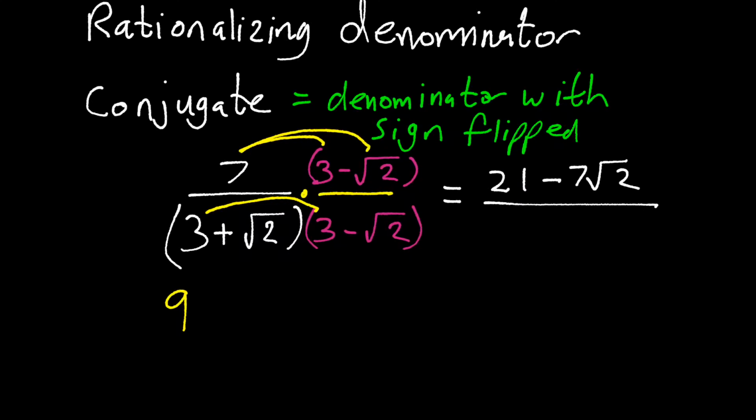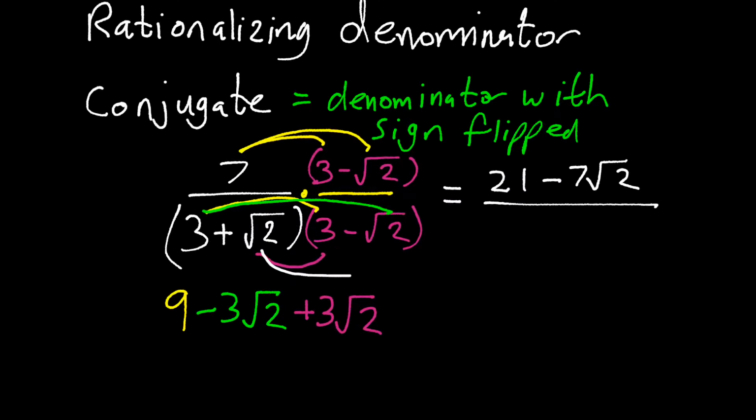Then our outer terms, which is 3 times the negative square root of 2. So we've got minus 3 root 2. Then our inner terms, which is the square root of 2 times positive 3, so plus 3 root 2. And then lastly, multiply our last terms, which is the square root of 2 times the negative square root of 2, which gives us the negative square root of 4.